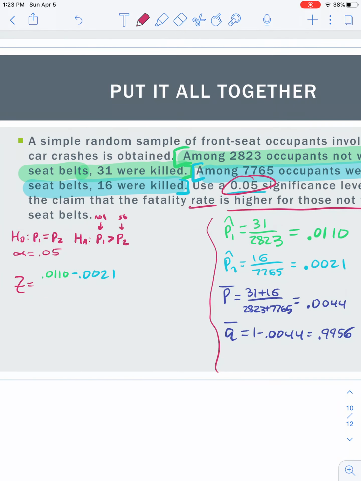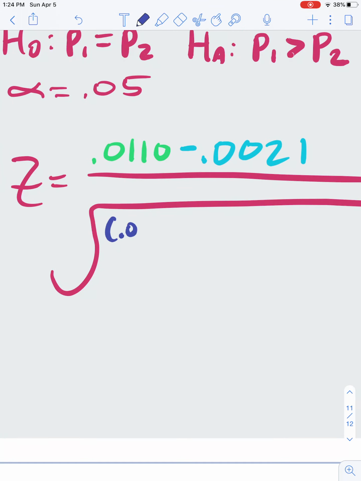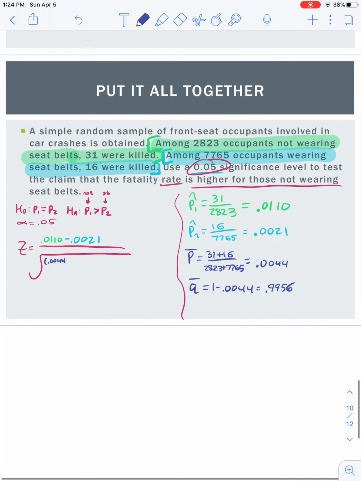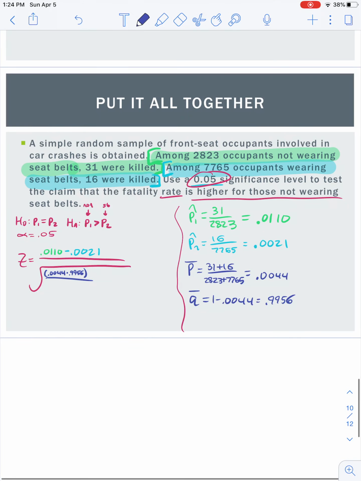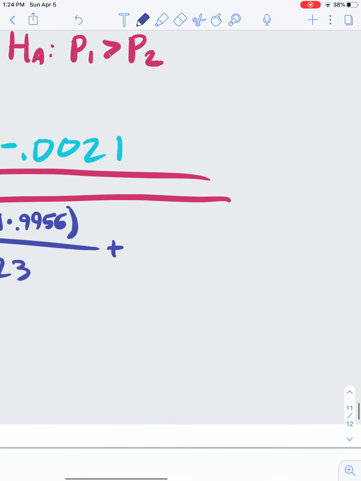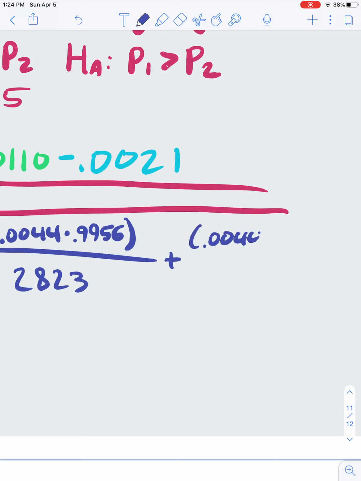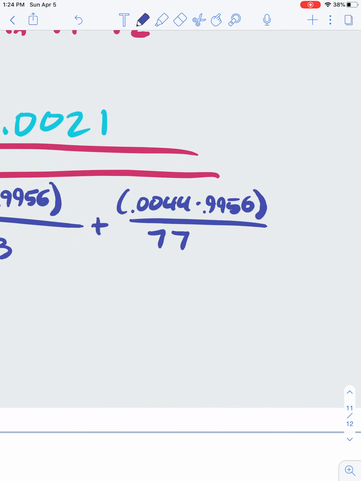And that's all over the square root of P bar Q bar, so 0.0044 times 0.9956 divided by N1, which was 2823, plus the same thing, P bar Q bar, divided by N2, which is 7,765.